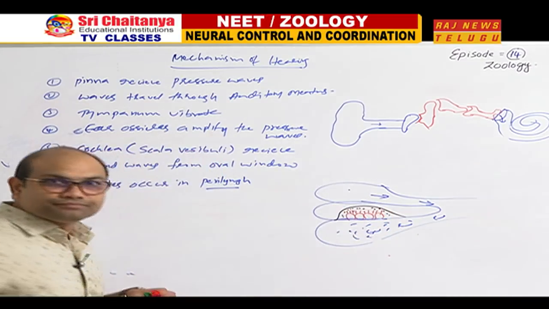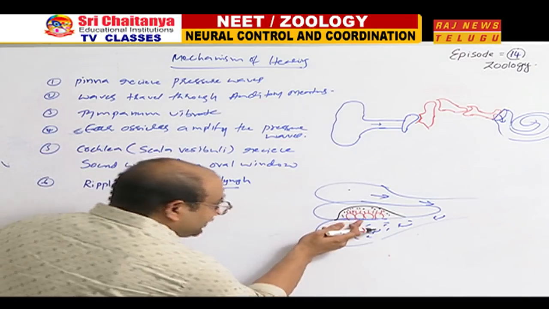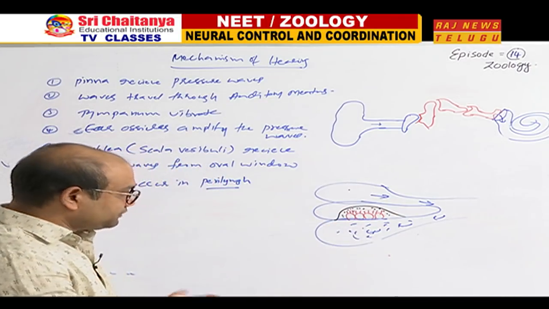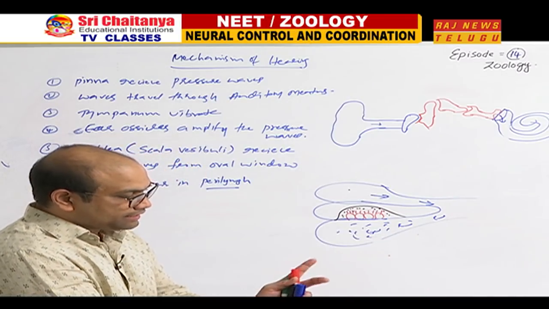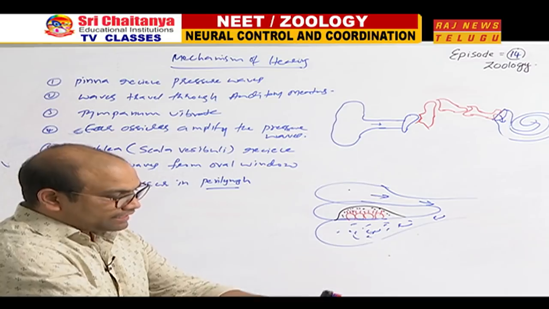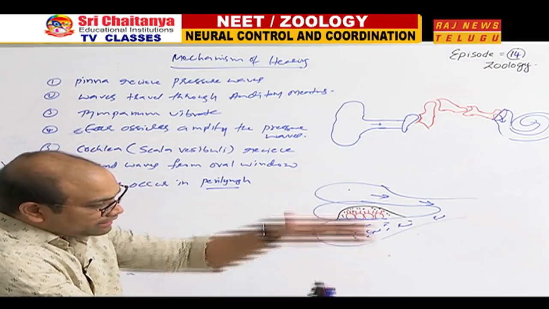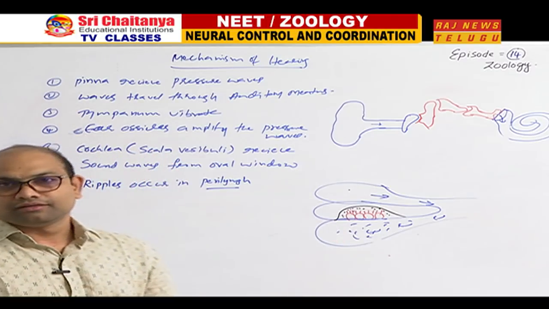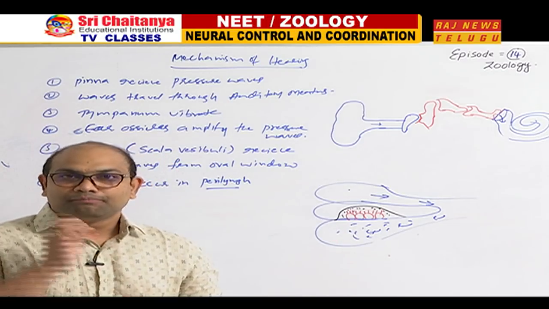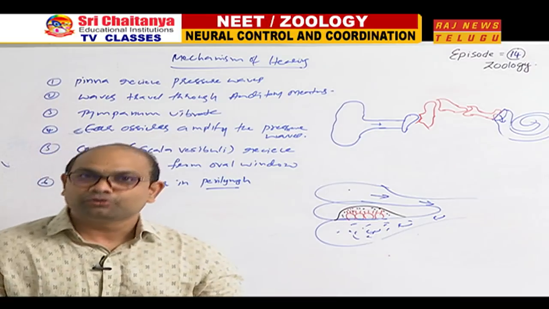Listen carefully. Suppose this is basilar, it is moving up and down, and these are stereocilia. When it is moving up and down, the stereocilia are pressed against the tectorial membrane. That is called a mechanical signal, very, very important.